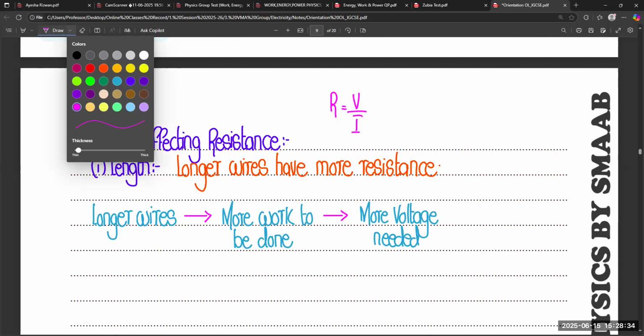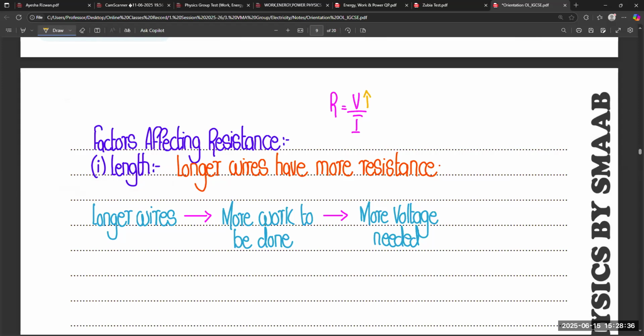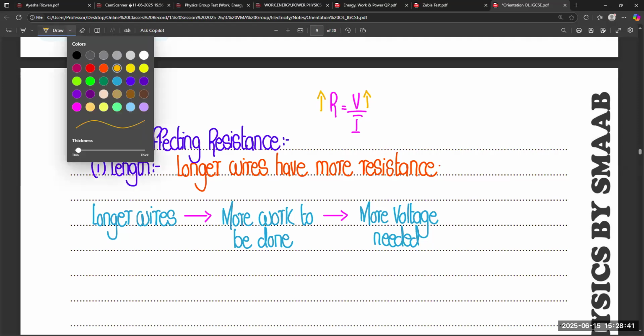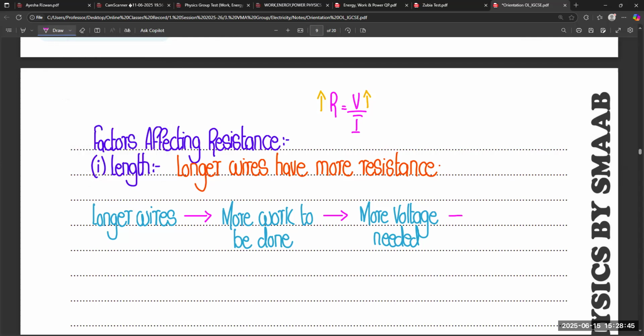So greater voltage gives you greater resistance. More voltage gives you more resistance. So this is the concept of the longer wires, right?